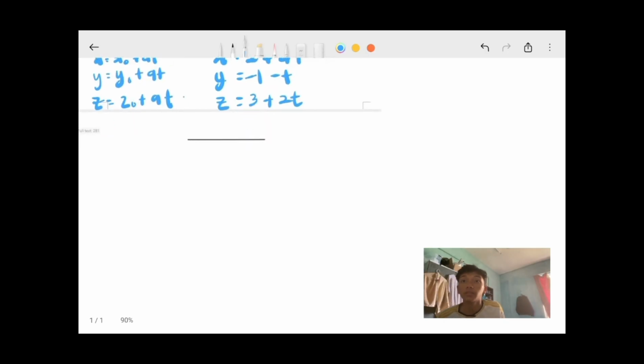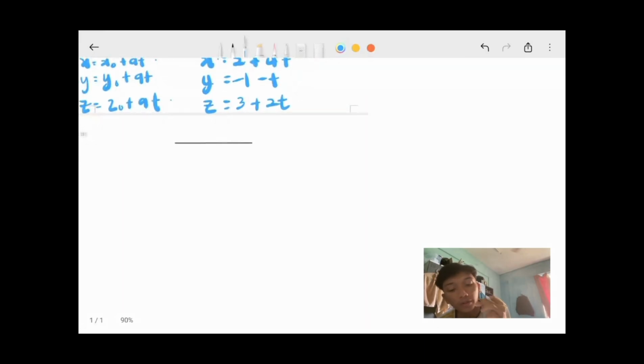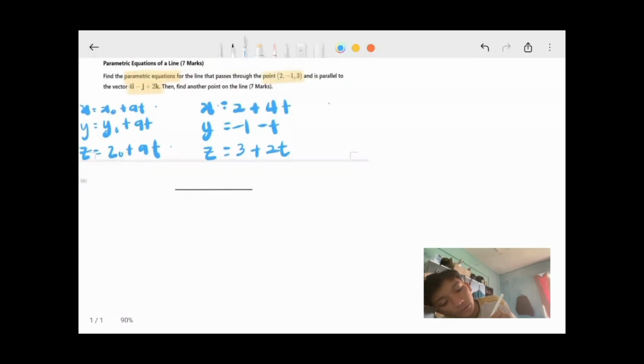After that, using this formula, I obtain the parametric equation, and to find another point on the line, I choose t equal to 1.